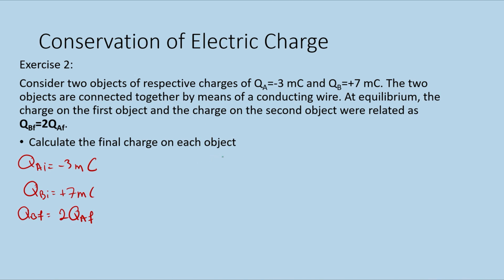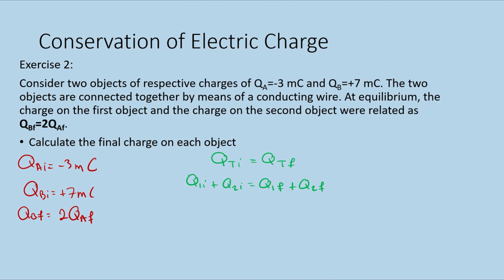Again, starting with the same rule, electric charge is conserved. Q total initial is equal to Q total final. So Q1 initial plus Q2 initial is equal to Q1 final plus Q2 final.